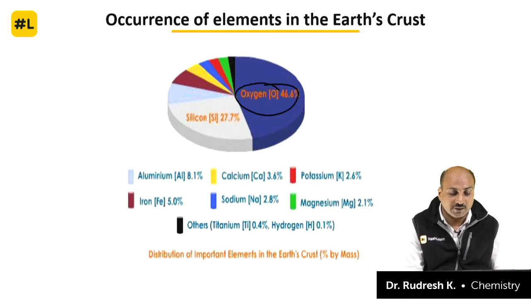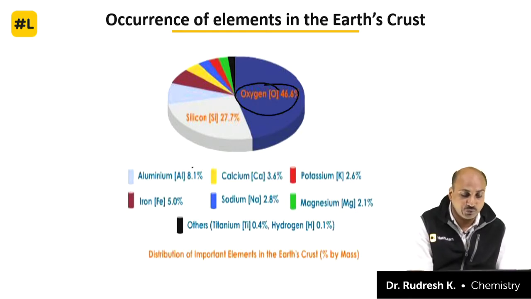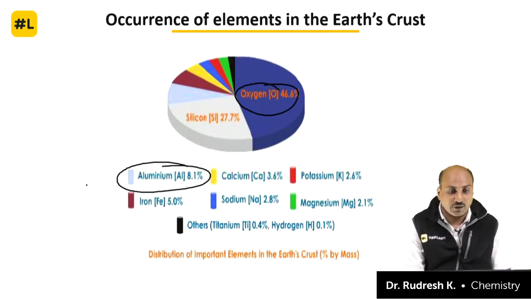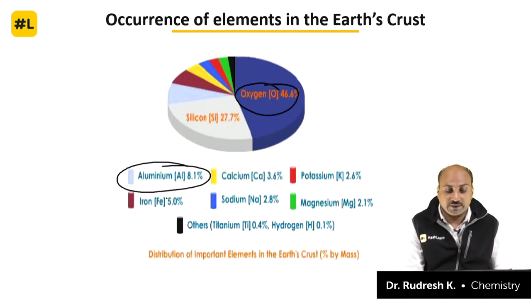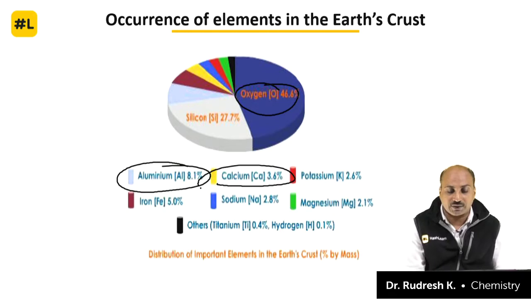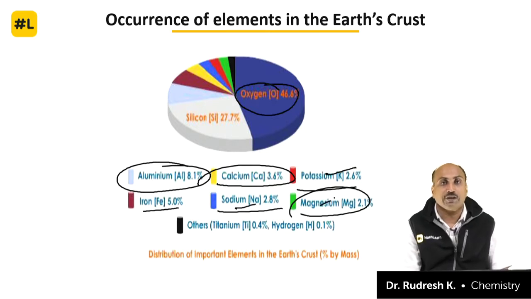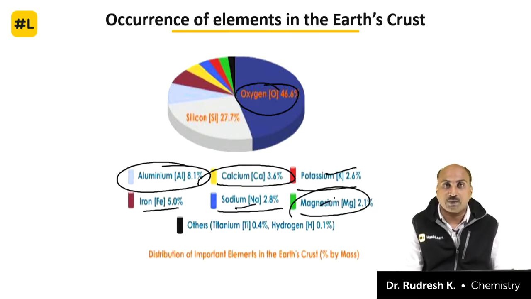When it comes to a solid, the next element is aluminum, at roughly 8.1%. Then comes calcium, then potassium, then iron at about 5%, then sodium at about 2.8%, and magnesium. Potassium, sodium and magnesium are especially present in oceanic water.